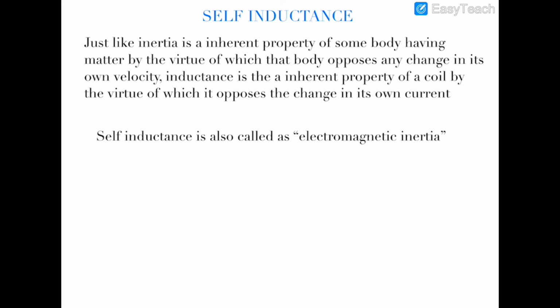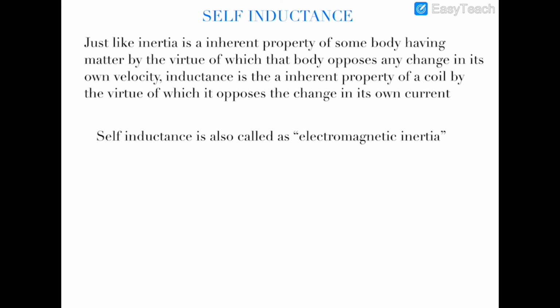Now we know the inertia, which we have already studied in Newton's laws of motion. Inertia is an inherent property of a body having some mass, by virtue of which that body opposes the change in its velocity. Which means if that body is at rest, then it would try to remain at rest, and if that body is in motion, then it would try to remain in motion. This property is known as inertia.